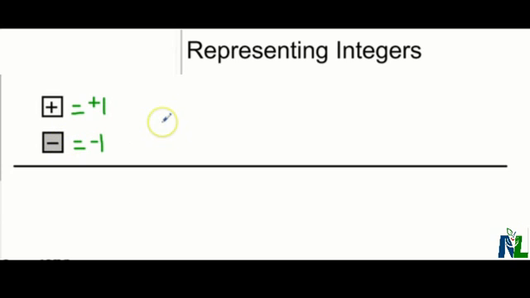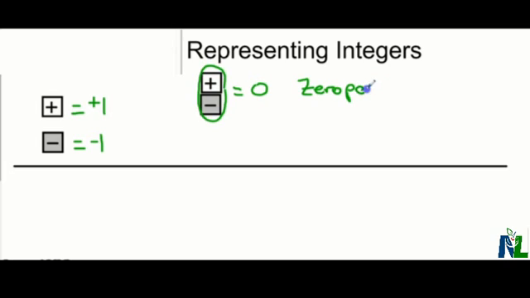tiles. Now, if we had exactly the same number of positive and negative tiles together, as you see here, we have something that's called a zero pair because they cancel each other out effectively to give us a value of 0. So this is called a zero pair.